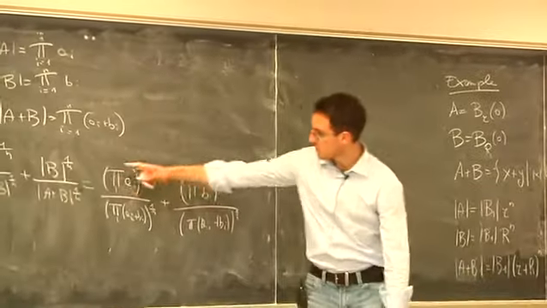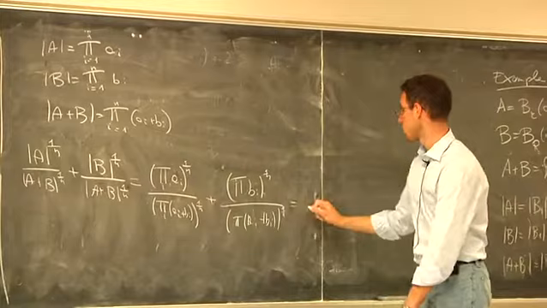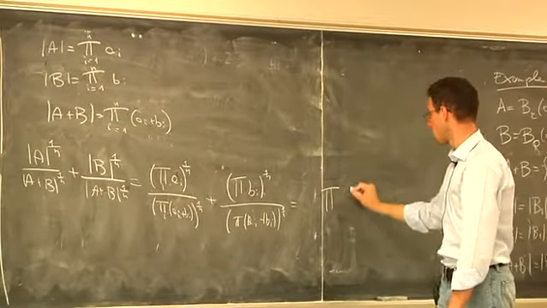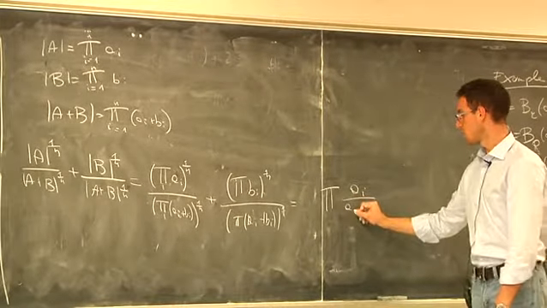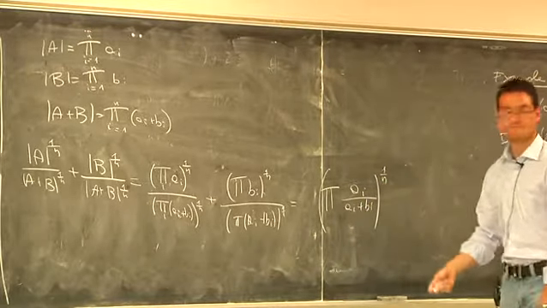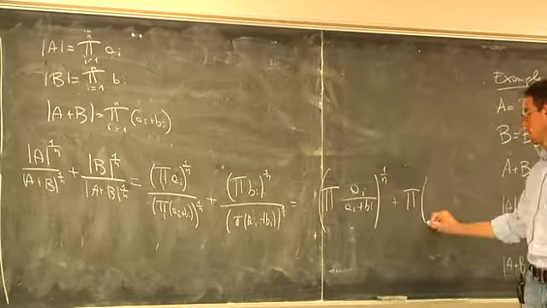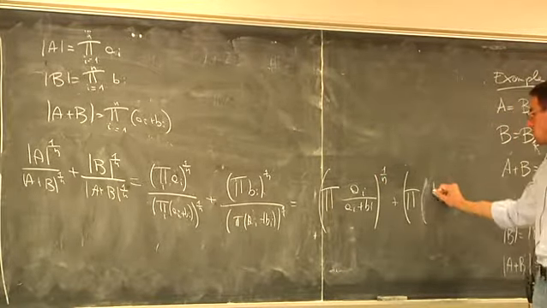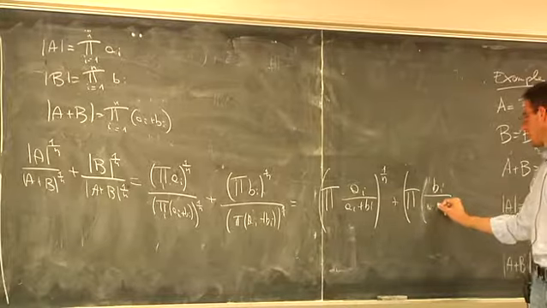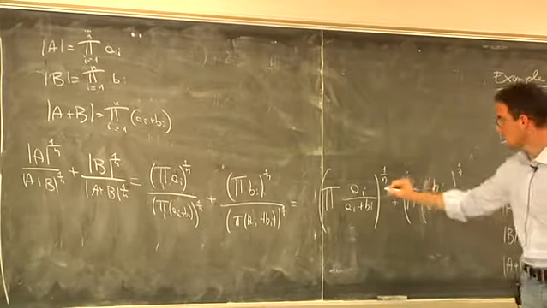Now these products, I can just put together as a unique product. So this is the same as the product of a_i over a_i plus b_i to the 1 over n, and the same there, the product of b_i over a_i plus b_i to the 1 over n, product up to n.